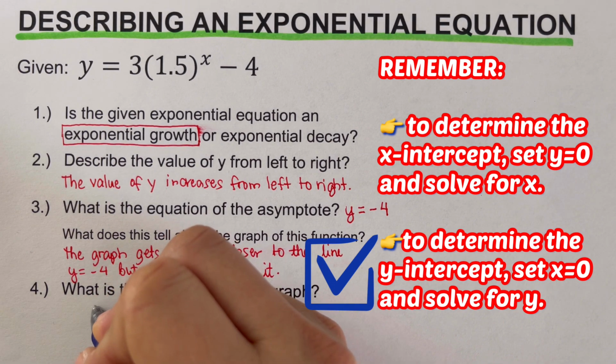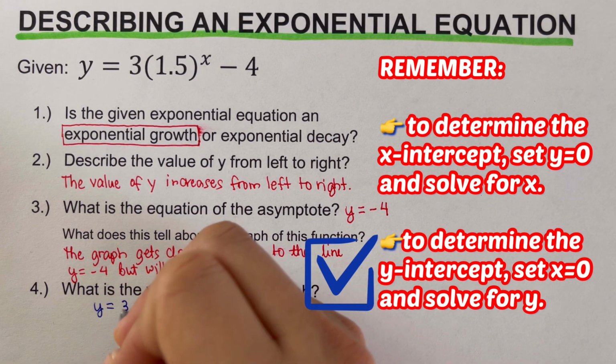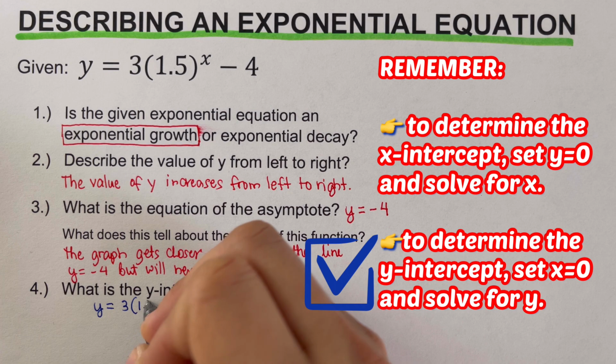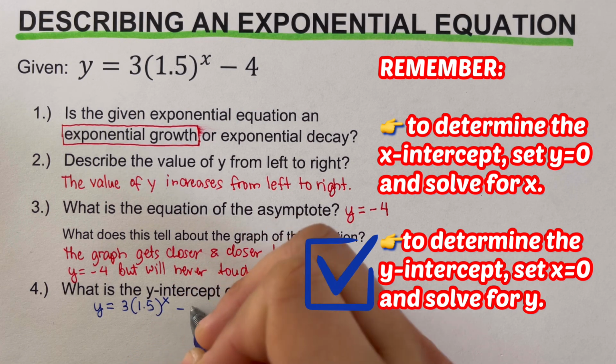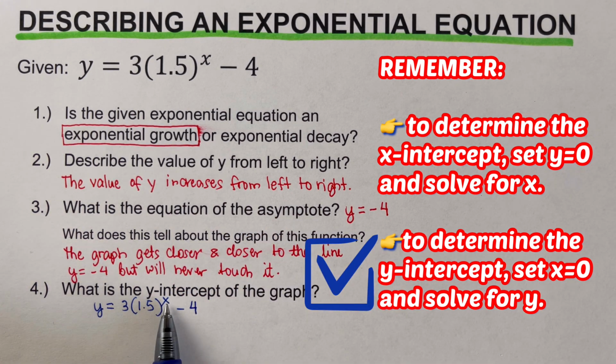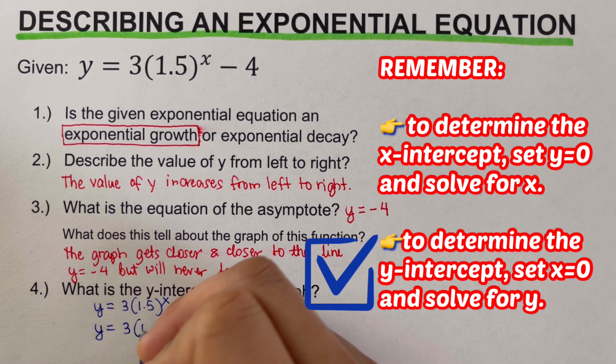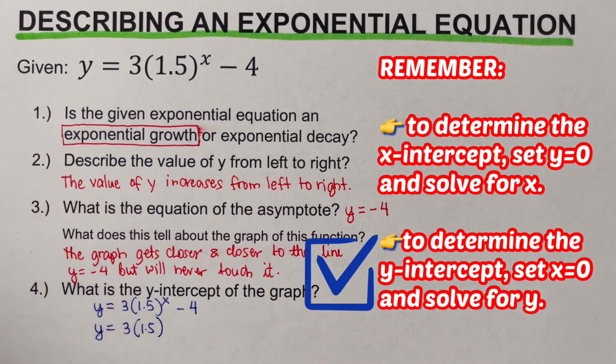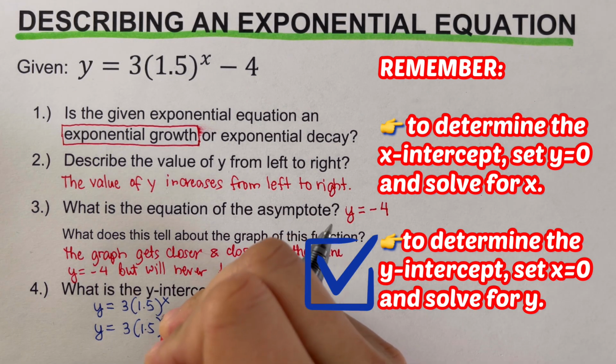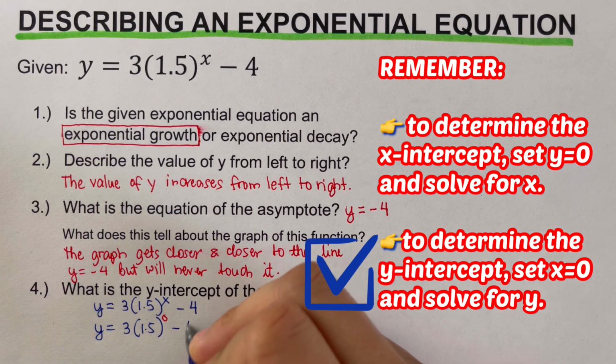So looking at this equation, I'm just going to go ahead and write it down here. That's y equals 3 parentheses 1.5 raised to the power x minus 4. So we're going to set x equal to 0. So this comes out y equals 3, 1.5 raised to the power 0, and then that is minus 4.